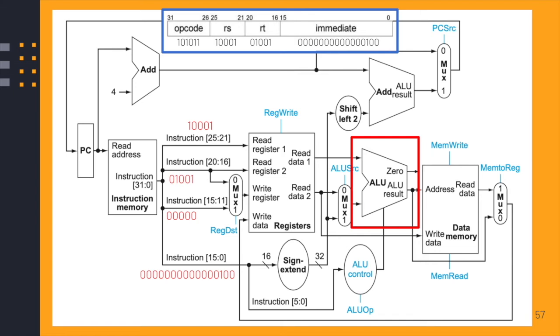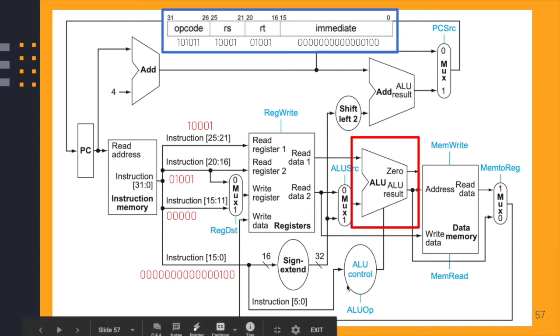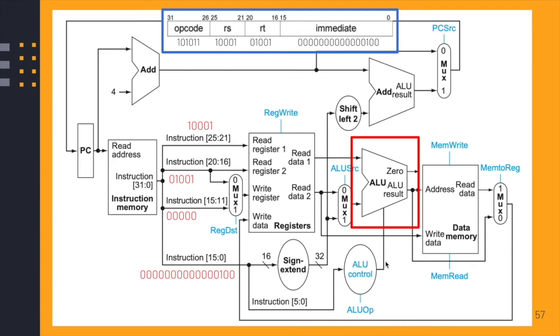This data may pass to other stages or other components, but it will not be an input to what? To the ALU. And as you can remember, we have here the ALU control, which tells the ALU which operation to perform. Should I perform an addition, a subtraction, ORing, ANDing, whatever.